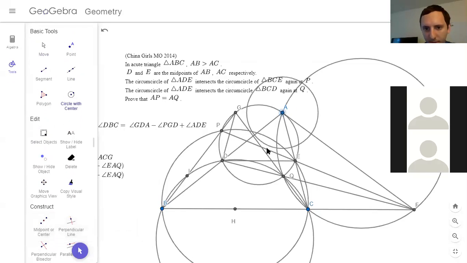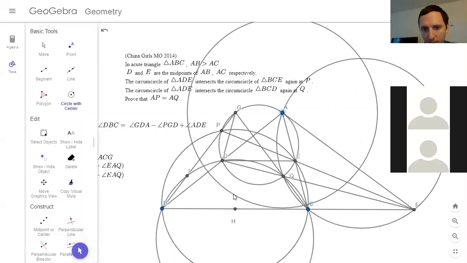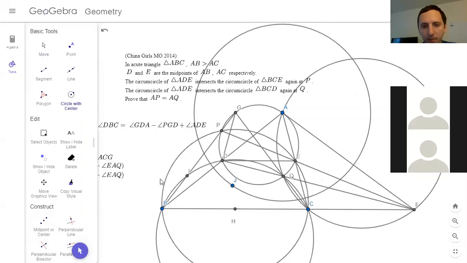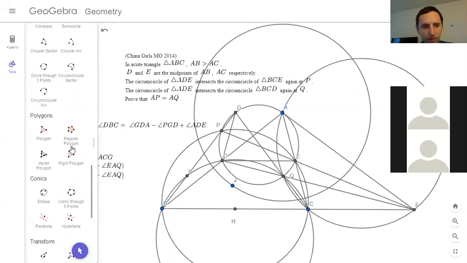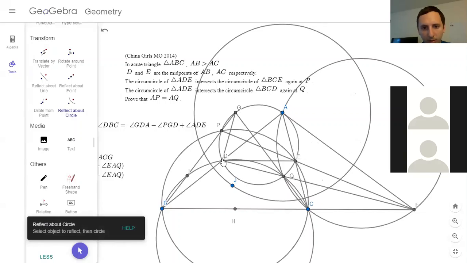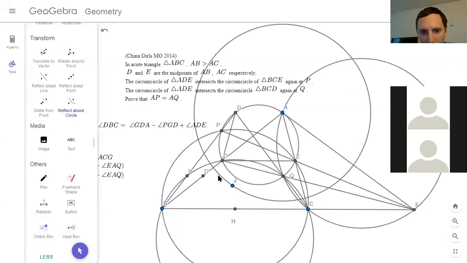Yeah, the inversion at A. And we claim that AD times AC is equal to AE times AB.